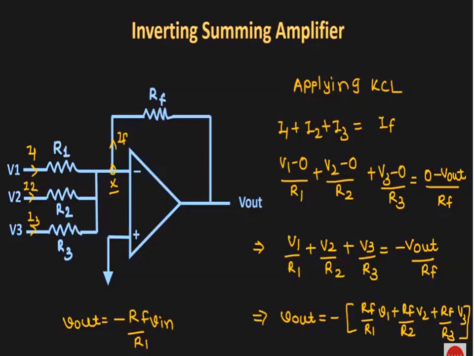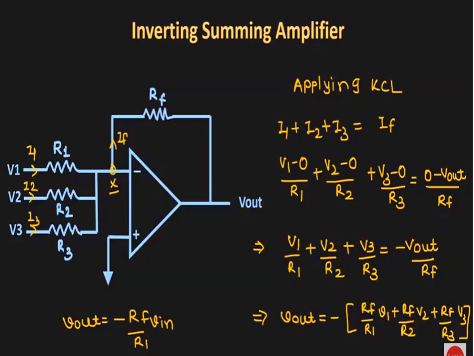Now that the connection has been established, let us see how the current flows. For the first voltage source V1, the current that flows through it I consider as I1, V2 as I2 and V3 as I3, and the current through the feedback loop is considered as IF.